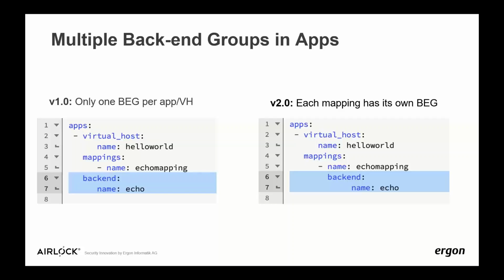Now we moved this under the mappings, which means every mapping can have its own backend group, so you could theoretically have multiple backend groups within one configuration if you want to. One of the reasons we did this is because we wanted to enable multiple ways to use IAM with the Microgateway, and not just one specific way. So you can decide yourself which of those ways you want to go.